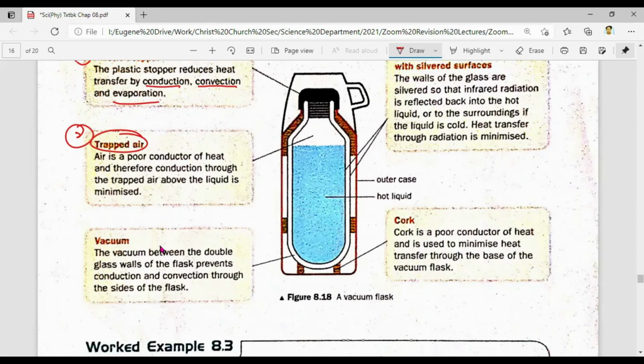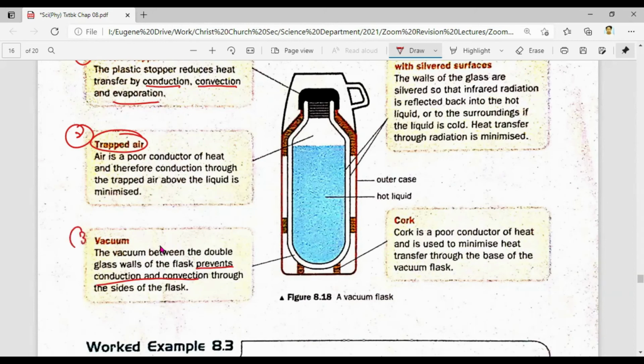Next, vacuum. So this white space over here is actually filled with vacuum. Well, I cannot say it contains vacuum. So when you have vacuum, what you are actually doing is preventing conduction and convection, because conduction and convection require a medium for heat transfer.